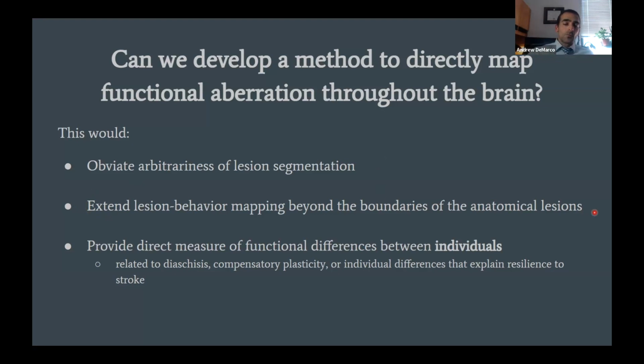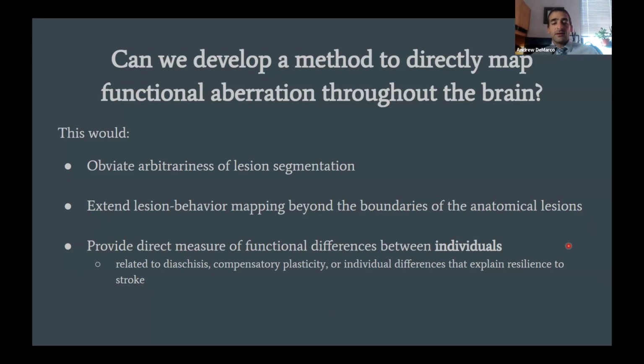anatomical lesion. For instance, if you do an analysis of patients with left hemisphere stroke, and that's your entire sample, it's impossible to find lesion behavior mapping results in the right hemisphere because, of course, you have no coverage there. And finally, more generally, to provide some direct measure of functional differences that can be applied to a single individual patient, because, of course, with clinical translation considerations, it's not good enough to work at the group level.